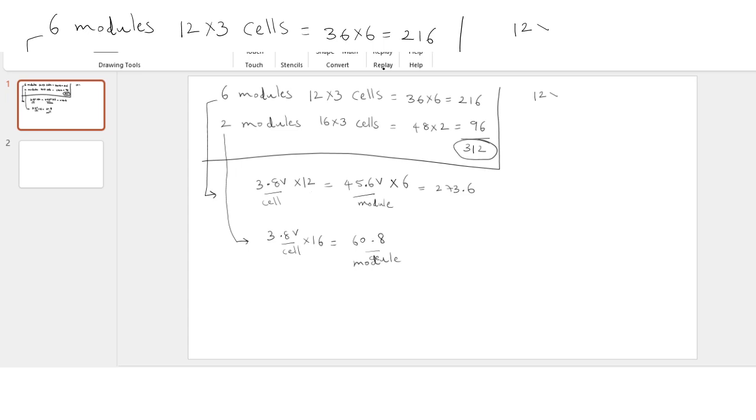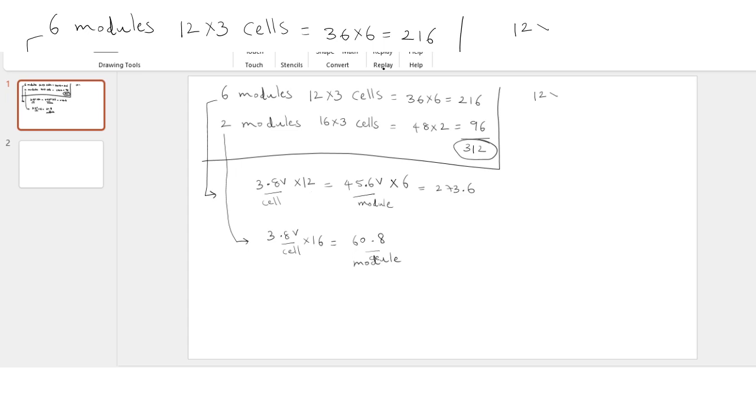So 16 cells connected in series, and such modules we have 2 here.